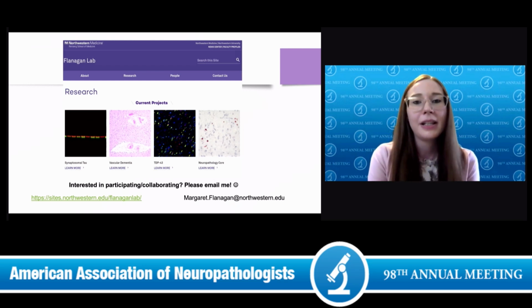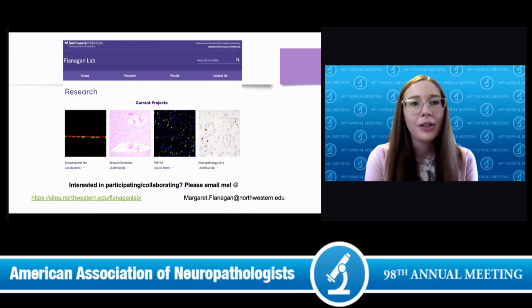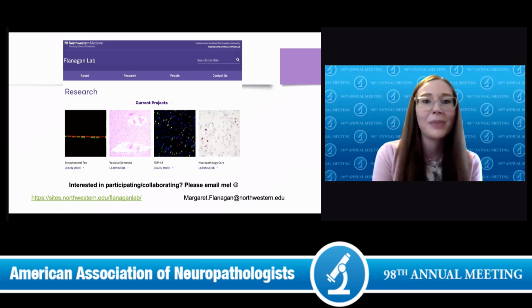In addition to that, I personally really like to look at the amyloid beta IHC and then look immediately at the tau IHC. I think that can be particularly helpful for differentiating between, for example, an astrocytic plaque versus a neuritic plaque in Alzheimer's disease. So those would be my specific tips.